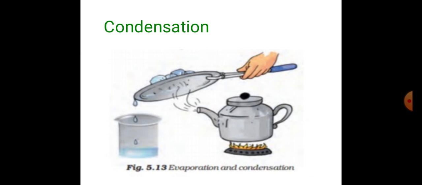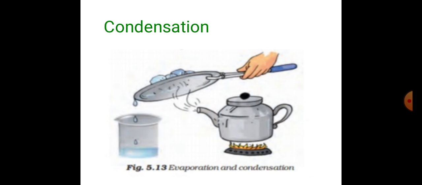Pour this salt solution in the kettle and put the lid on it. Place the kettle on the tripod stand. Also place a Bunsen burner below the tripod stand.